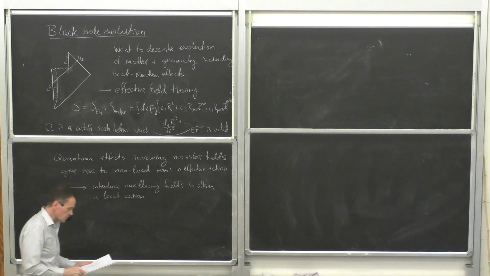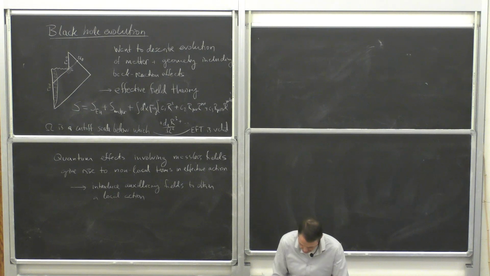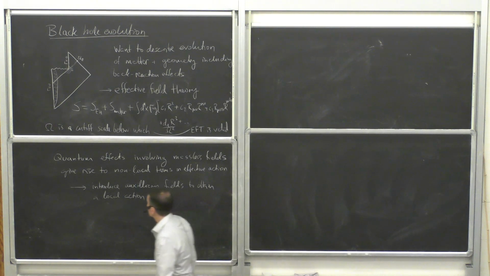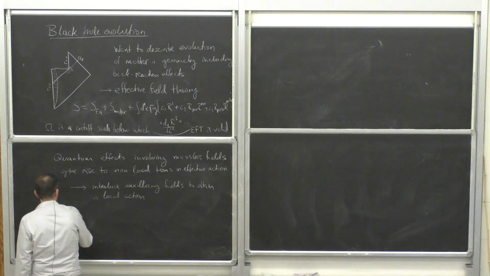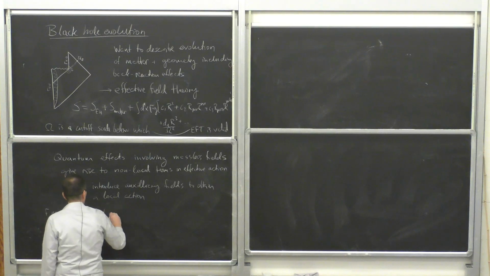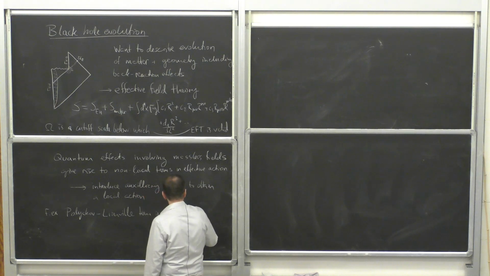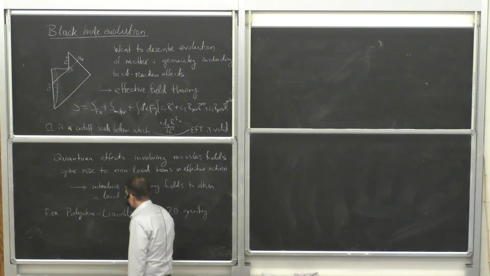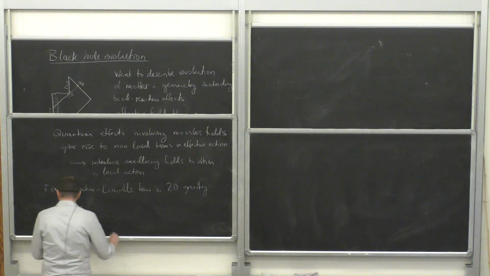Again, maybe the simplest example is in lower dimensions. This Polyakov term that I mentioned. Of course that is a very special case. So the Polyakov-Liouville term in 2D gravity. There you imagine you have some massless fields, you've integrated them out, and that term is going to look something like this.